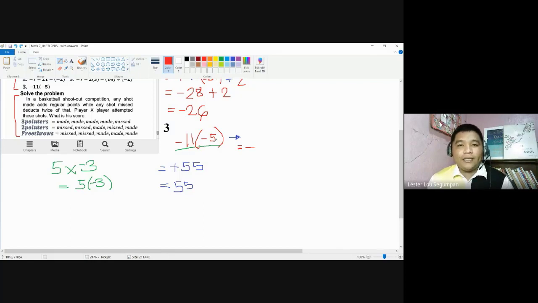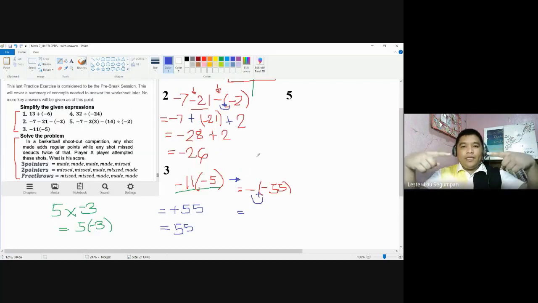We are multiplying two numbers with different signs. So the answer is a negative. Okay, we still have the negative here earlier. And then 11 times 5, negative 55. But here, you could see the process of the double negative property, which tells us that the two negative signs, just like in number 2, can be transformed into a plus or a positive sign.